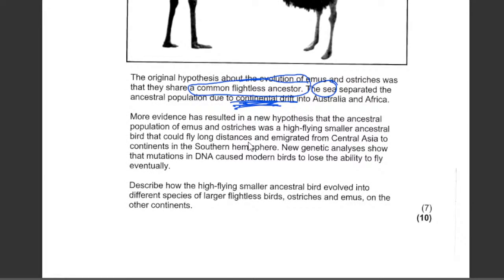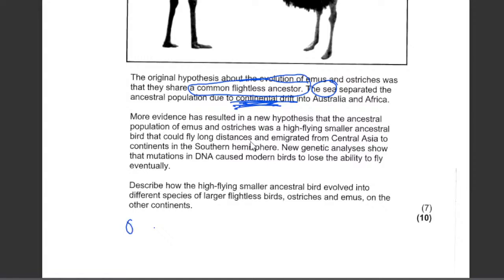So what are you going to say here? You can say that at first there was one big mass with a common ancestor of flightless birds, because they said in the original that we're sharing a common flightless bird, and then separated into this by this.